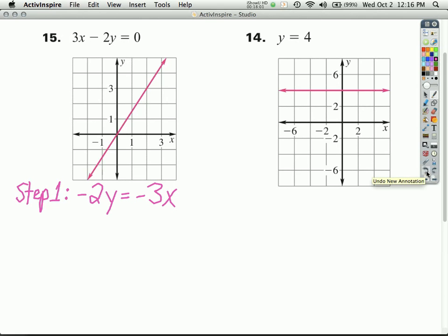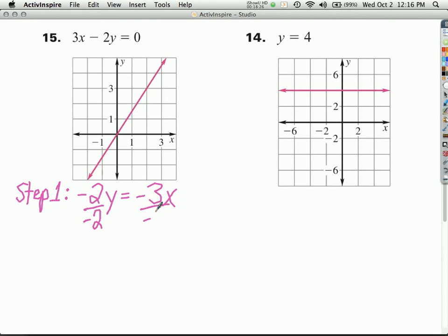So now how do I get it in function form? Zavari? I subtracted. Okay, what did you do? Well, I took the equation and I just subtracted. Divide by -2. Yeah, divide both sides by -2. I'm not sure why this is easier than most of the ones we've done so far, so I'm not sure where we're getting tripped up.